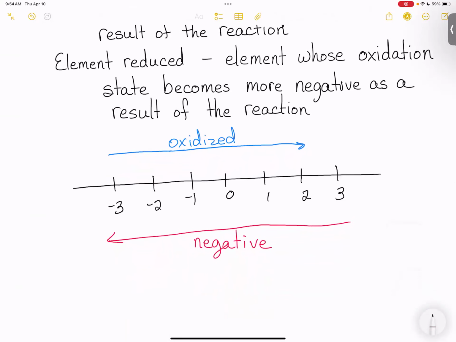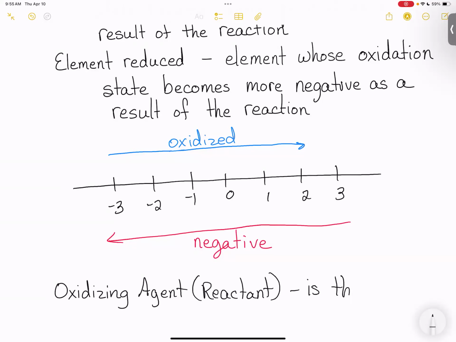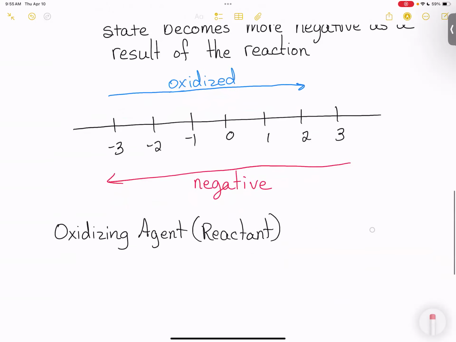Additional definitions. The oxidizing agent, or reactant, is the reactant. Well, I'm going to write it slightly different because it'll hopefully be more visual.